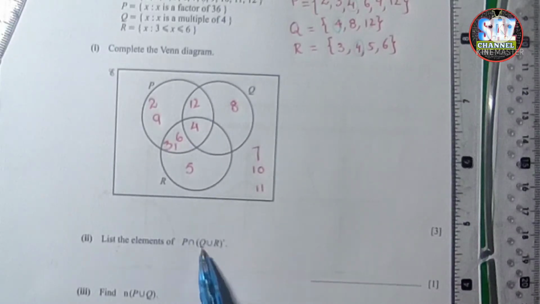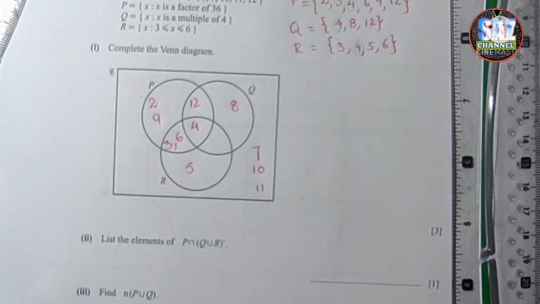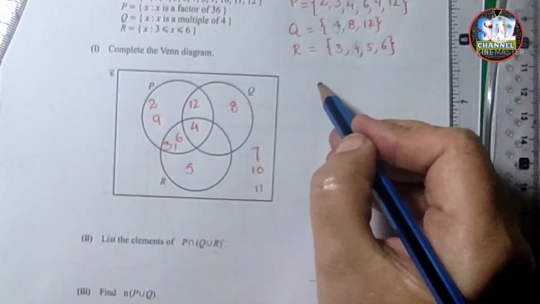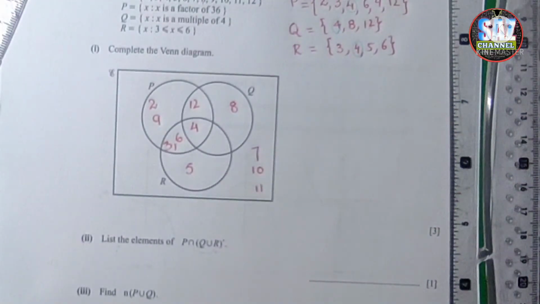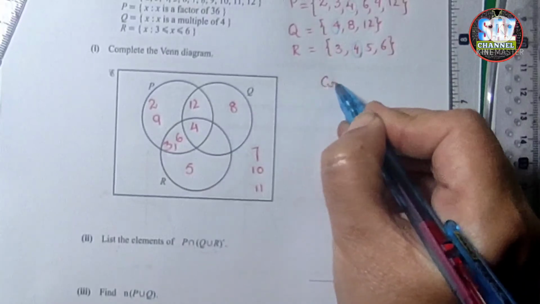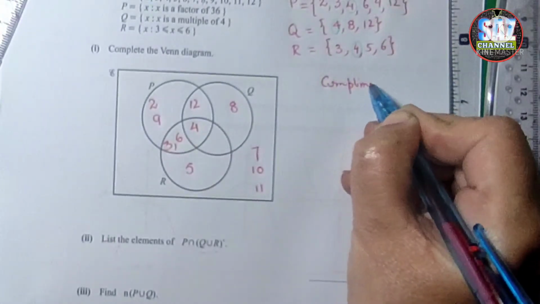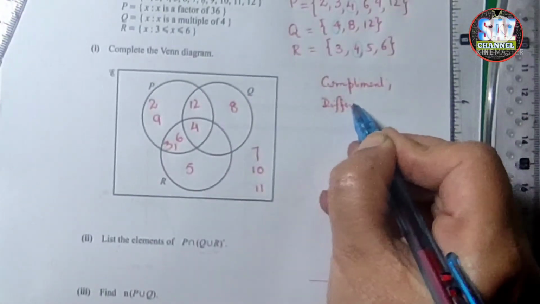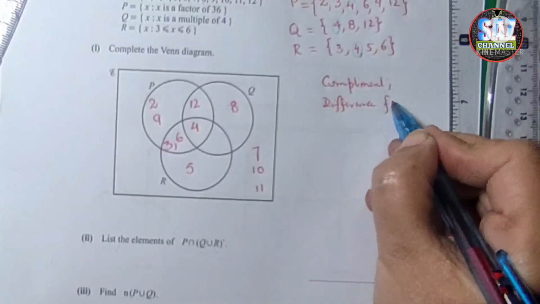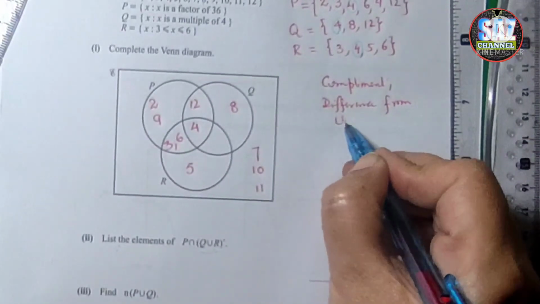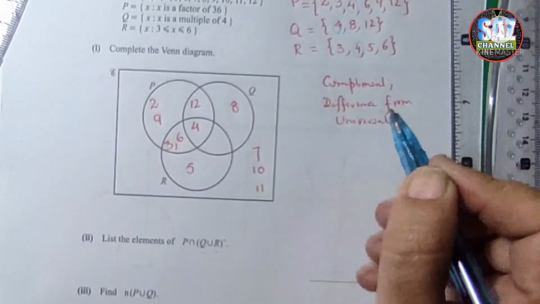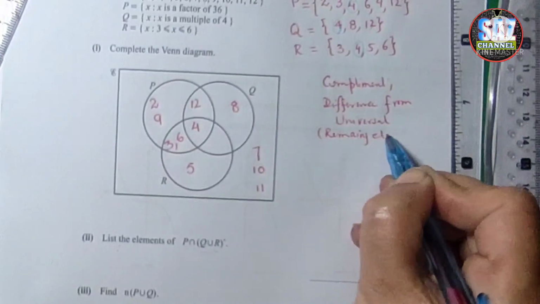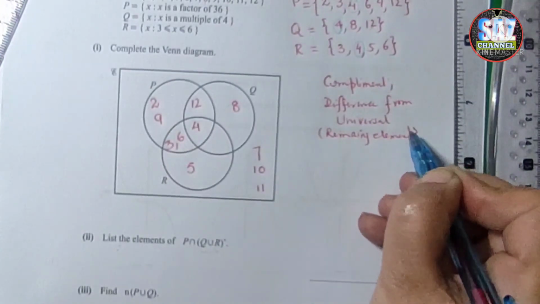P intersection Q union R complement. Let's first understand Q union R, and what is the meaning of the term complement? That means difference from universal, or remaining elements, or we have to discard that.